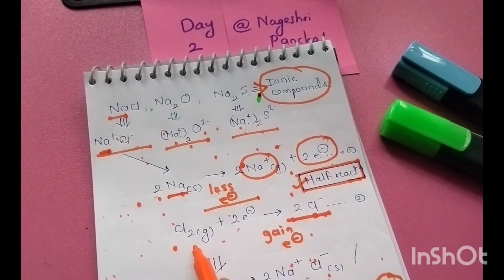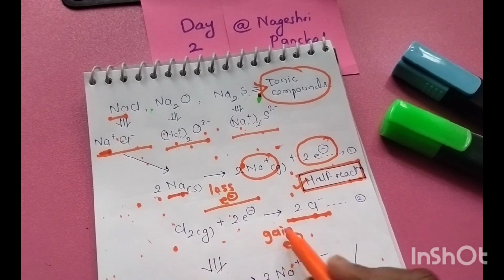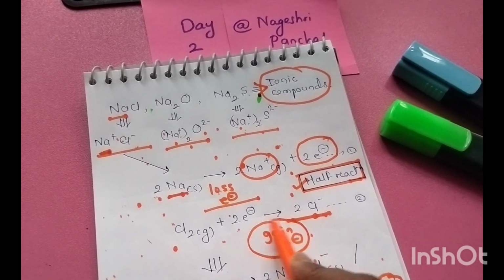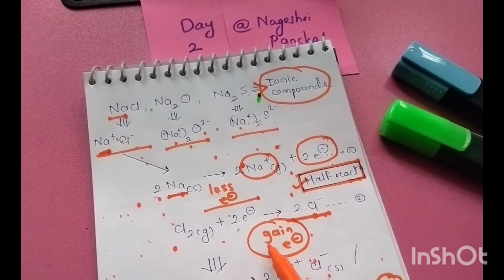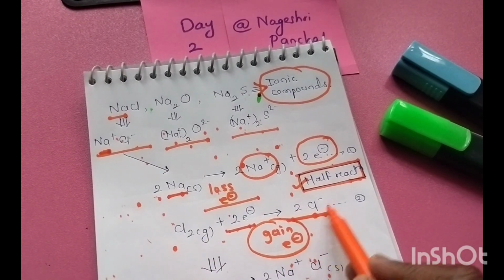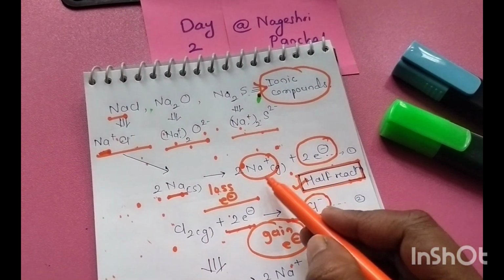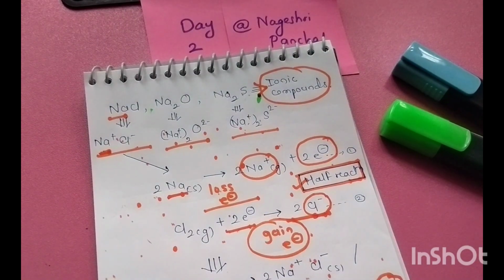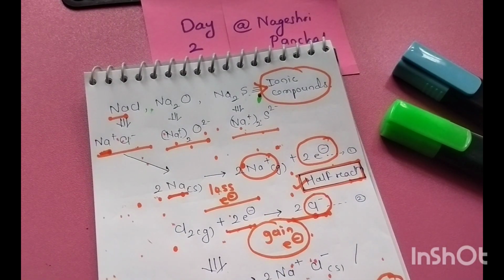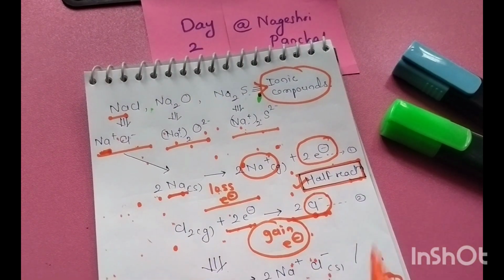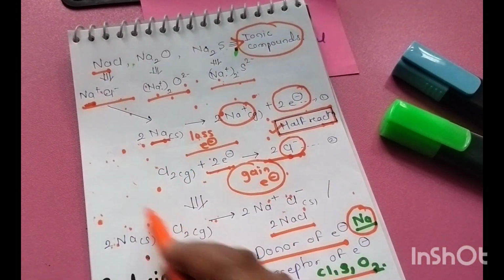Next, Cl2 gas plus 2 electrons, and this reaction is gaining of electrons. When Cl2 gets 2 electrons, it becomes 2Cl minus. When an element loses electrons, it gets the plus sign, and when an element gains electrons, it gets the minus sign.